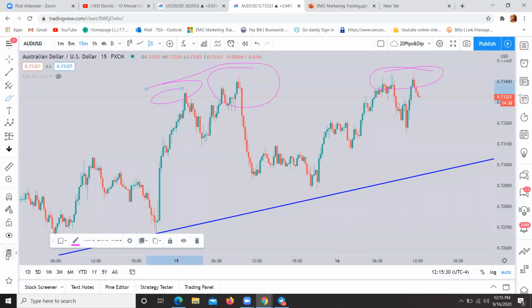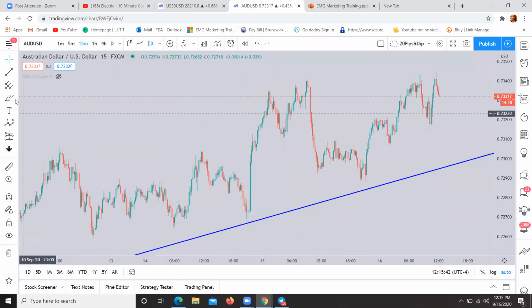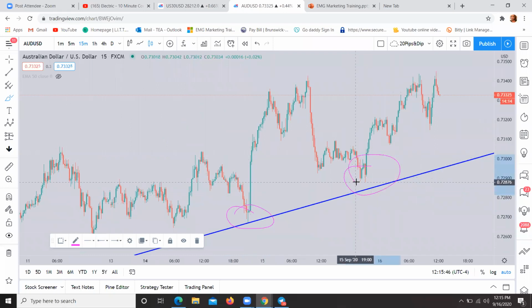No. So if we know that we are in an uptrend, okay, there's no confusion. Where are we buying at? As close as we can get to support, right? These are entry points, as close as we can get to this line.